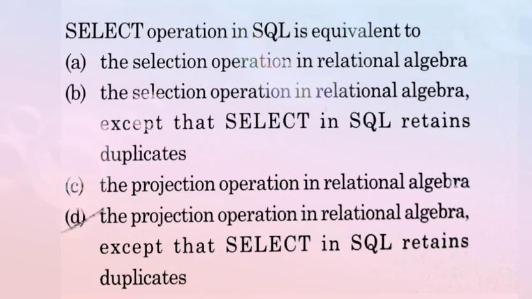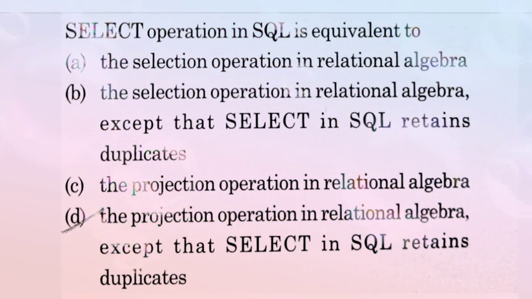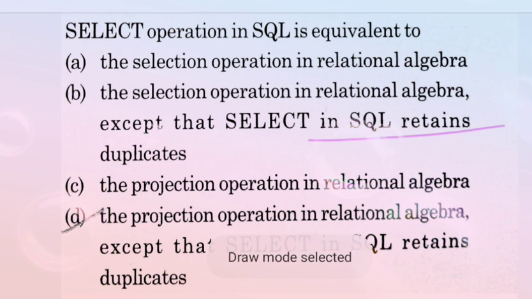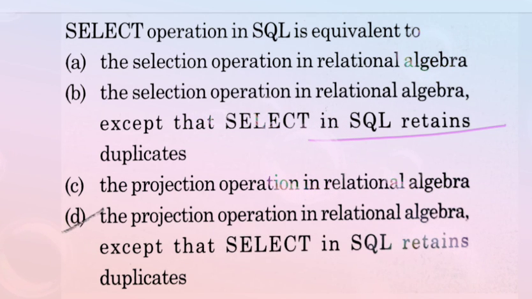Now come to the next question. The select operation in SQL is equivalent to which of the following? There are four options. Option A: the select operation in relational algebra. Option B: the select operation in relational algebra, except that select in SQL retains duplicates.